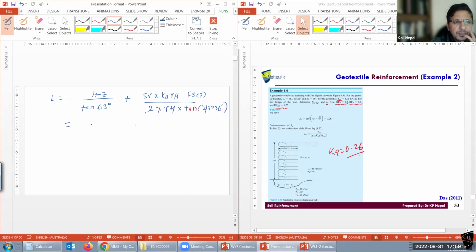So equal to H minus Z divided by 10 tan 63 plus how much SB we calculated? 0.5 just before, yeah. K is 0.26. Can I just cancel these two? And then how much factor of safety pullout? Is that given?